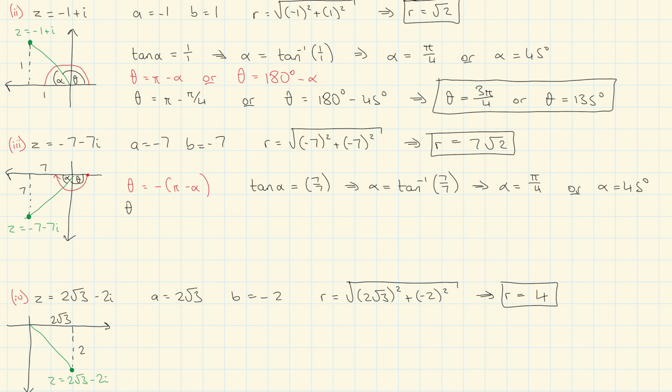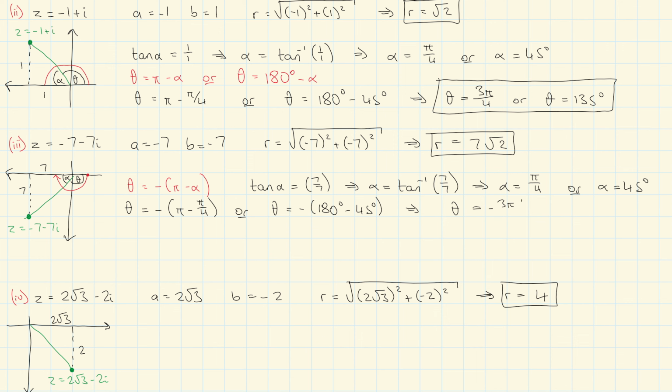And then for theta, it'll be pi minus pi/4, or else if we're dealing with degrees, so pi minus pi/4 will give you 3 pi/4.